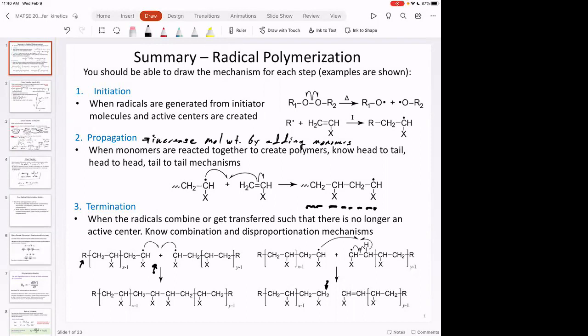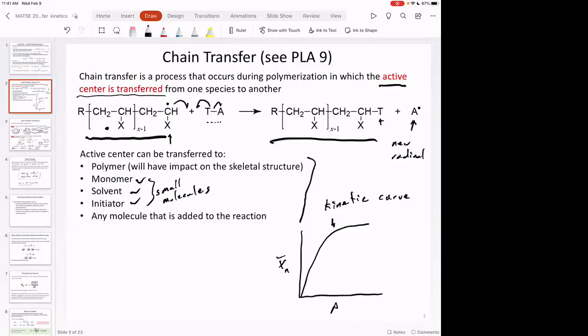Yeah, so it could be a hydrogen, or it could be like in this demonstration right here, we have our growing polymer chain. This is the active center. Boom, it grabs the T. So now we have two different end groups, right? We've got our initiator on one end, and then we have our T on the other end, which could be a hydrogen, and then we have our new chain over here.